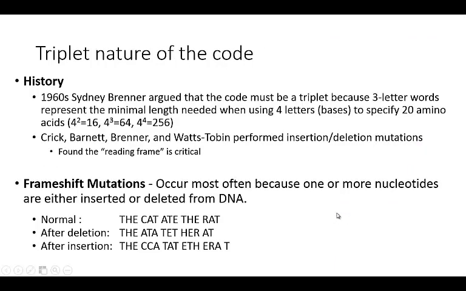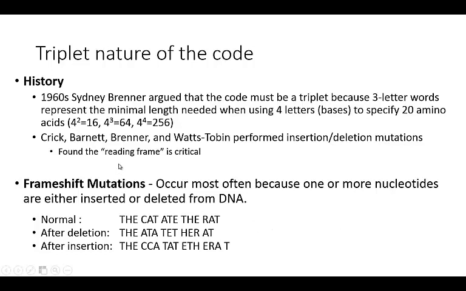So let's talk more about this triplet nature of the code, or what a codon is. In the 1960s, Sidney Brenner argued that this code must be a triplet. The reason for this is because if you look at the math, we've got 4 letters, or 4 bases, that you can use, and you need to specify 20 amino acids.